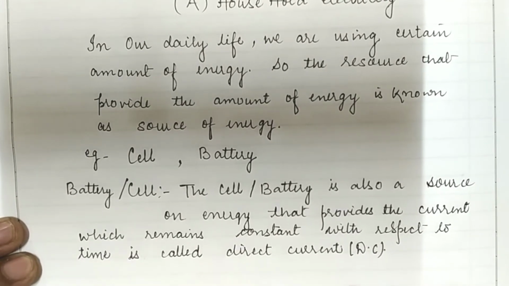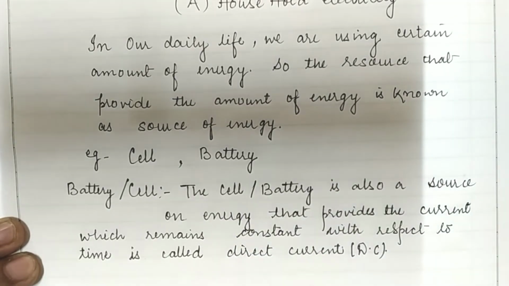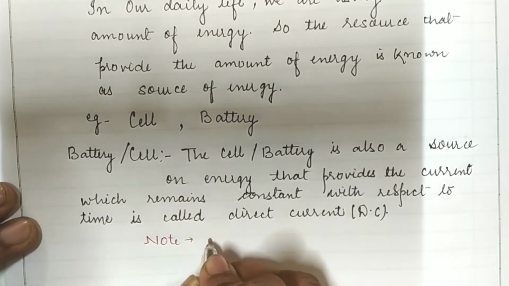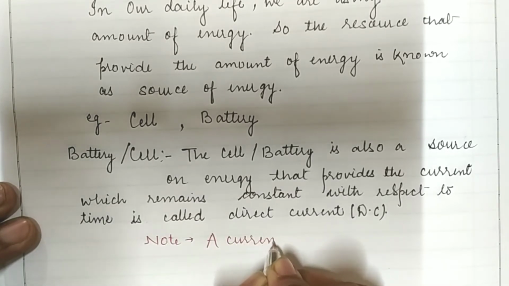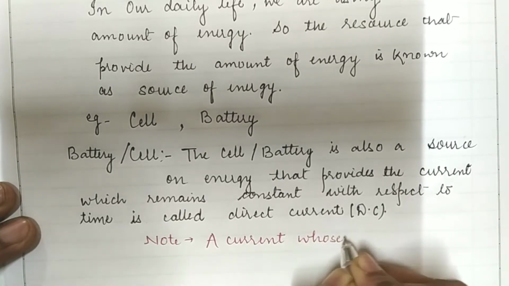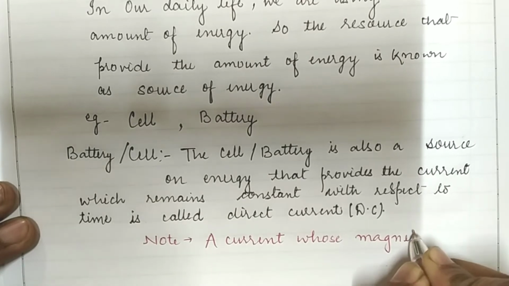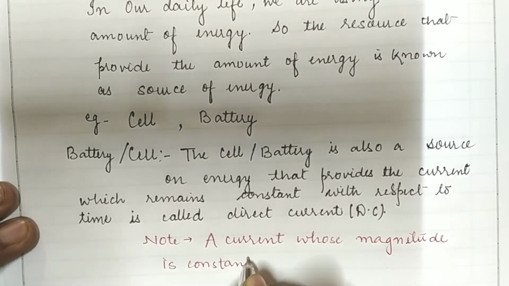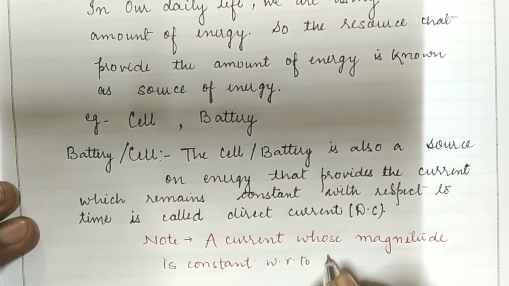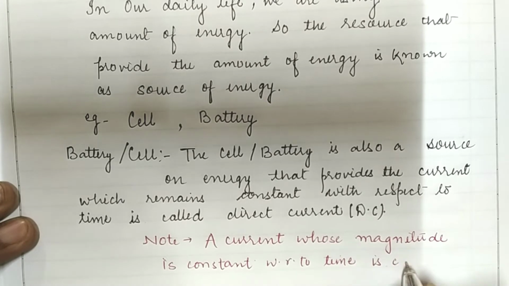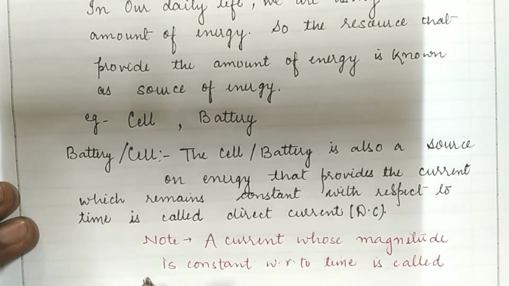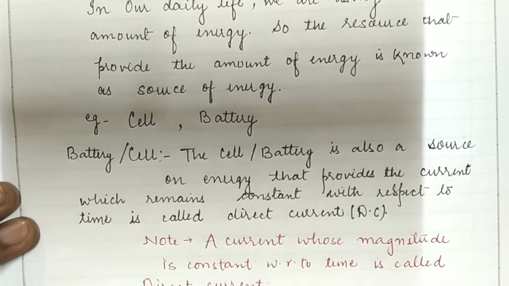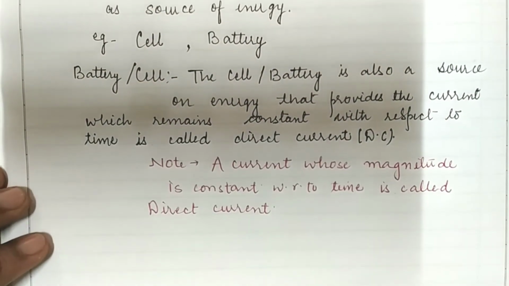In a note we can write that a current whose magnitude is constant with respect to time is called direct current, and those sources are said to be sources of direct current.